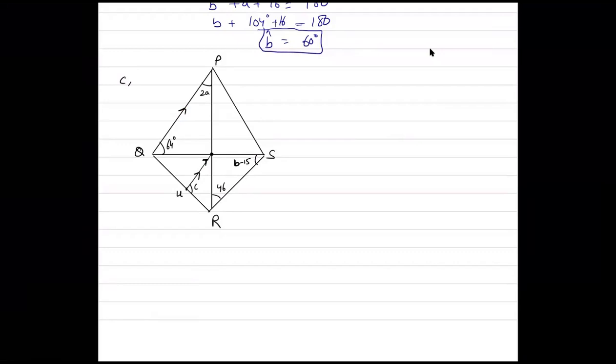Now you need to work out the values of A, B and C. एंगल B की वैल्यू फर्स्ट फाइंड कर लें। ये एक राइट एंगल ट्रायंगल होगा या नहीं होगा? होगा। If this is a right angle triangle, then 90 plus the angle B minus 15 plus the angle 46 must add up to 180 degree. So please solve this and give me the correct value for B.